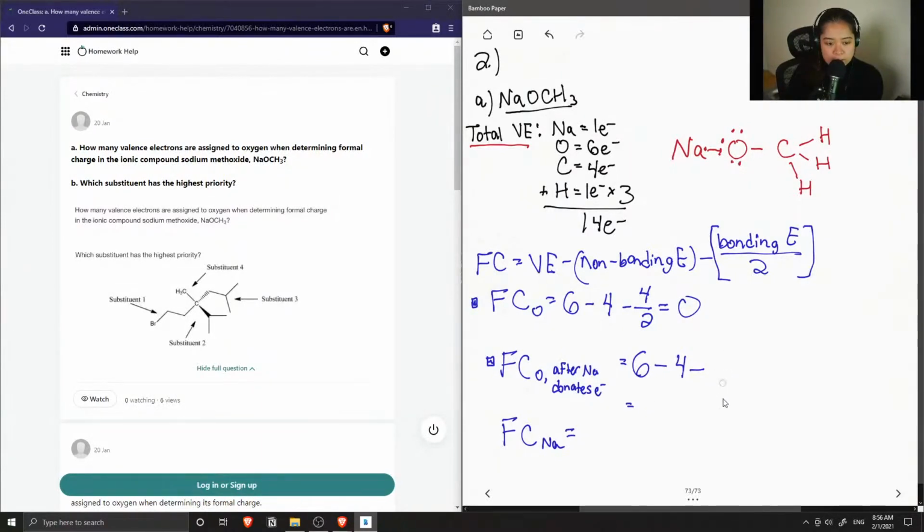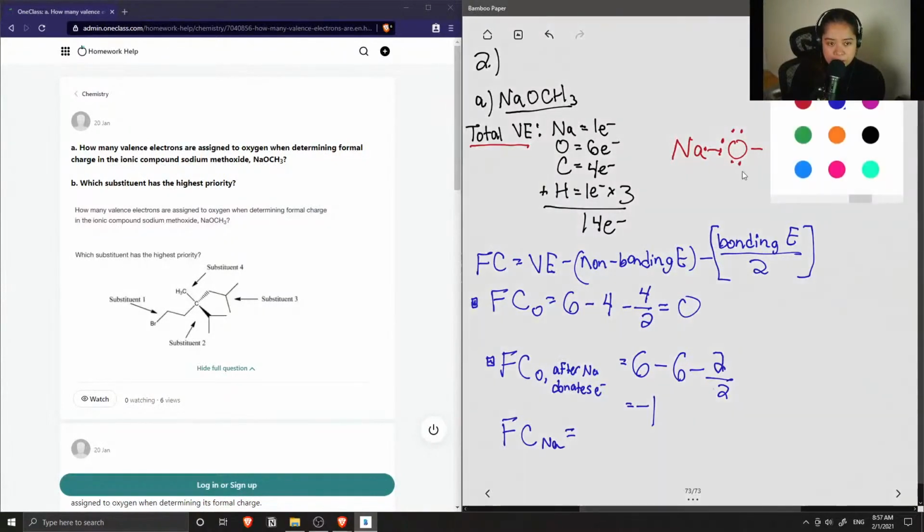Okay, so now this changes things a bit. Now the number of non-bonding electrons is 6. And now there is 1 bond, and 2 bonding electrons on the oxygen. And this is how we would get -1 as its formal charge in the ionic bond.